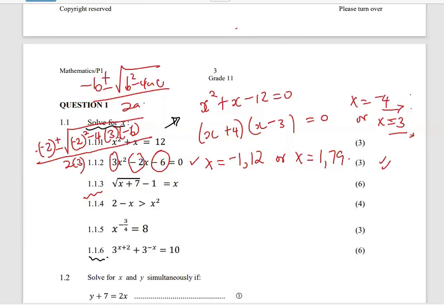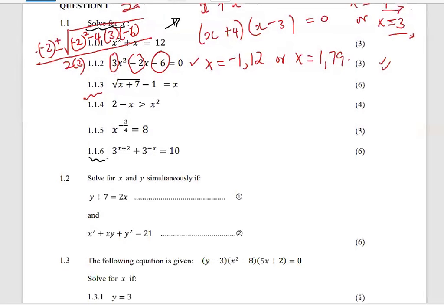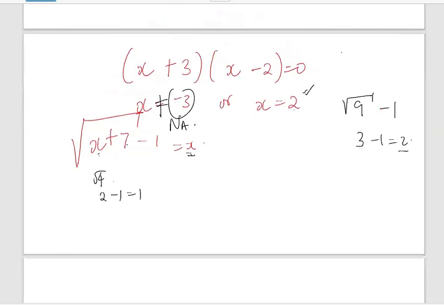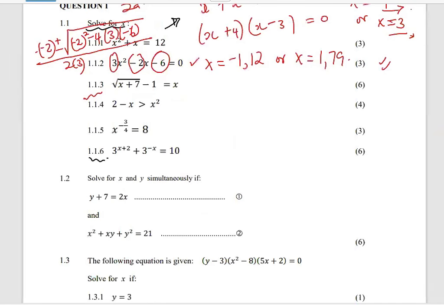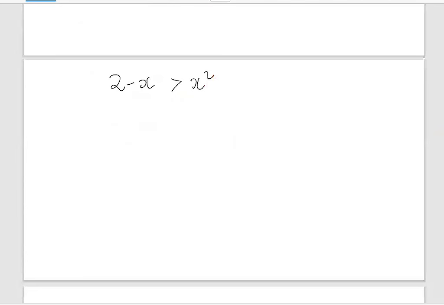Then question 1.1.4, which is the inequality. So we have 2 minus x is greater than x squared. Okay, so let's create a standard equation as well. So I'm going to move this one that side.